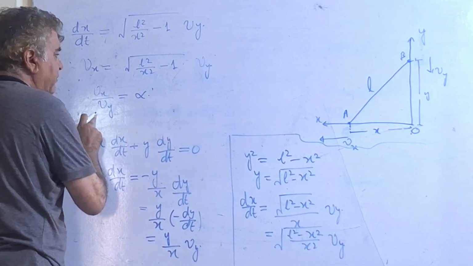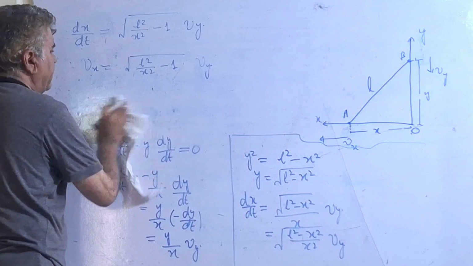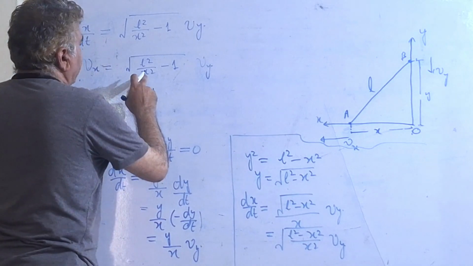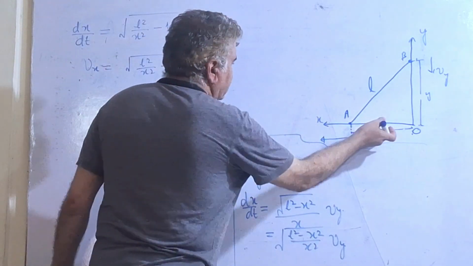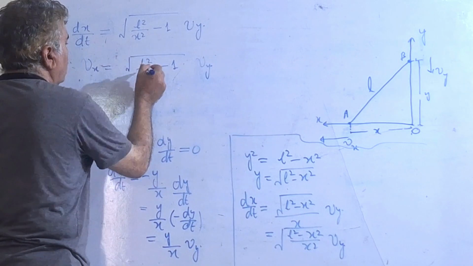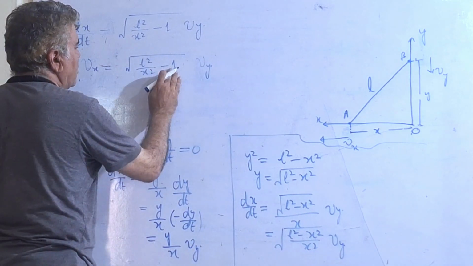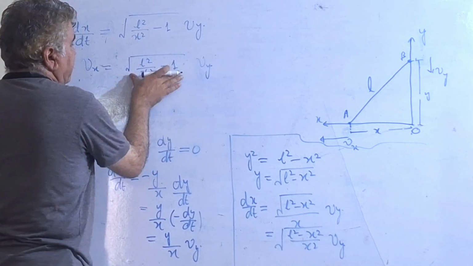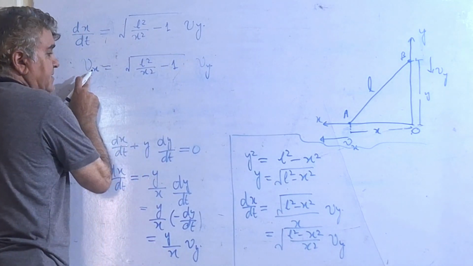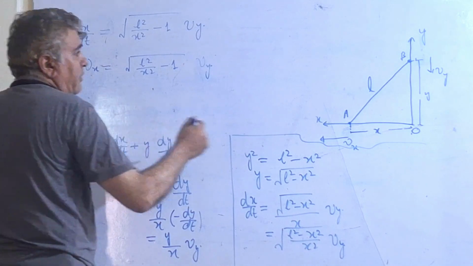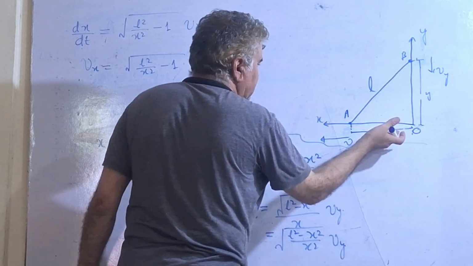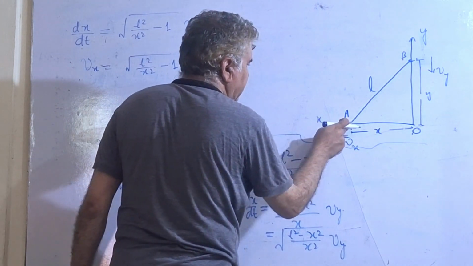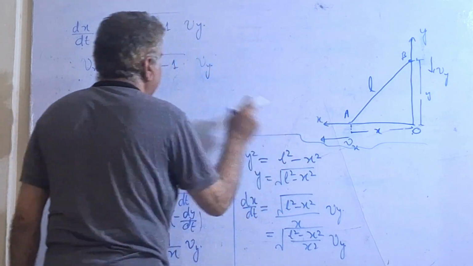equal to 0. However, on the other hand, what happens to the velocity vx when x is increasing, that is, it is moving in this direction? This whole term is decreasing, and this is constant, so overall this thing is decreasing. If this is decreasing, that means vx is decreasing. So with the passage of time, the end of the rod is moving in this direction, but the velocity is decreasing.